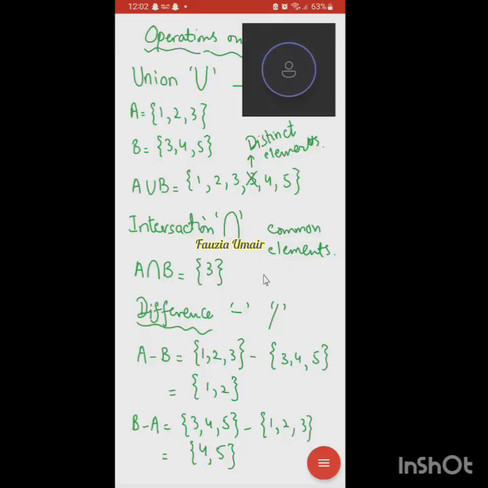If you are doing 3 minus 4, that is not equal to minus 3. We always say that in difference order matters. So in set notation also, A minus B is not the same as B minus A. अगर आपने ये बात याद रख ली तो you will remember that you need to see what is left in the first.